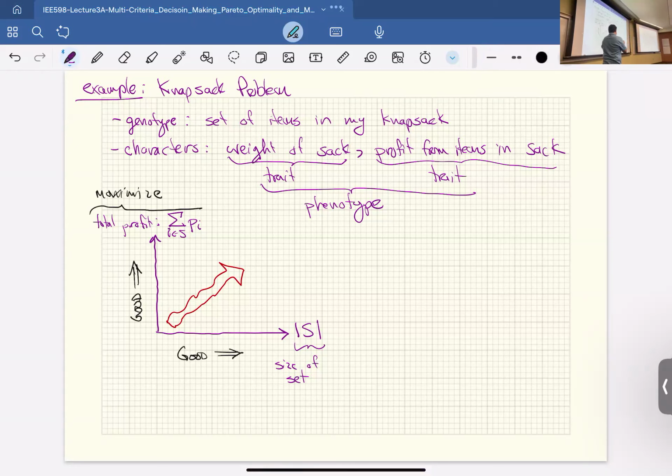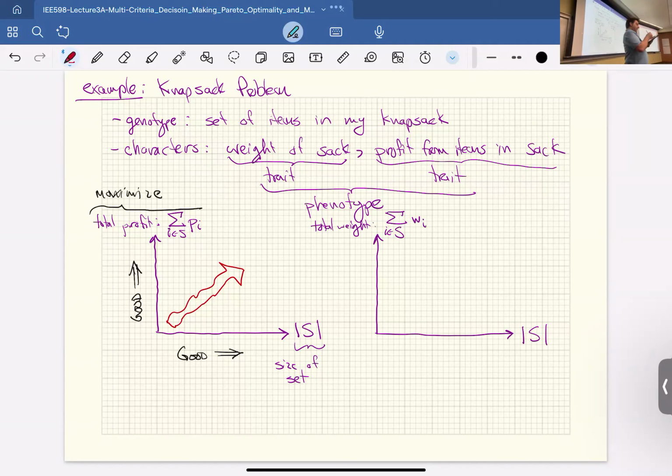But my other objective, same axis, the number of items in my knapsack, here is, let's say, total weight, which might just be the sum of all the items in my sack of w_i for weight.